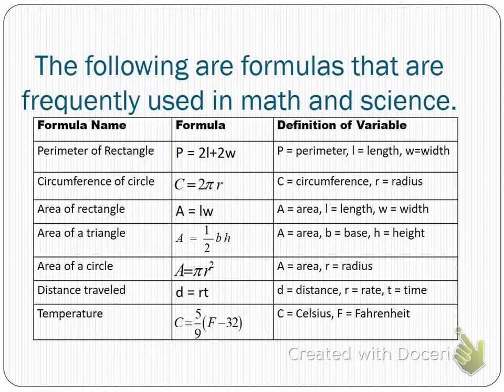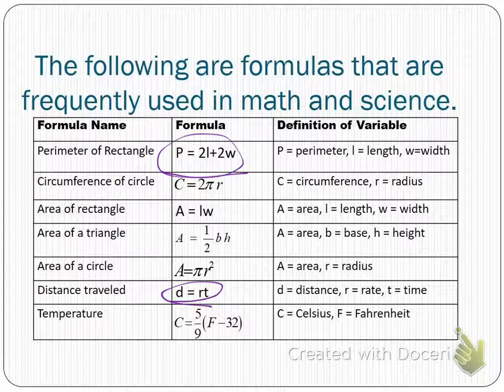All right, some very common formulas are listed here. I think you do need to fill these in your notes, so feel free to pause the video and write those all in if you need to, and then start the video back up. But you've got your perimeter of a rectangle, circumference of a circle, the area of a rectangle and a triangle, the area of a circle, the distance formula in terms of motion problems, distance equals rate times time, and then your temperature formula that you saw just a second ago.